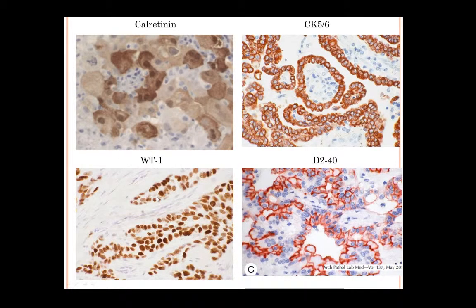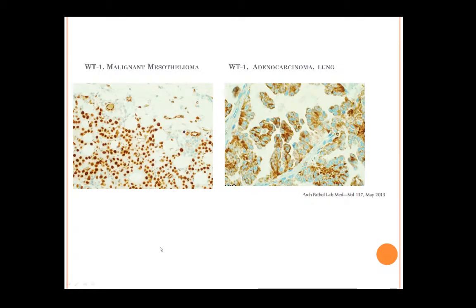WT1 is the next stain. Usually the expression of WT1 is strong nuclear staining. Again, attention to this pattern is important because some adenocarcinomas of the lung can have cytoplasmic positivity for WT1. Also, WT1 can be present in serous carcinomas of ovary or peritoneum.